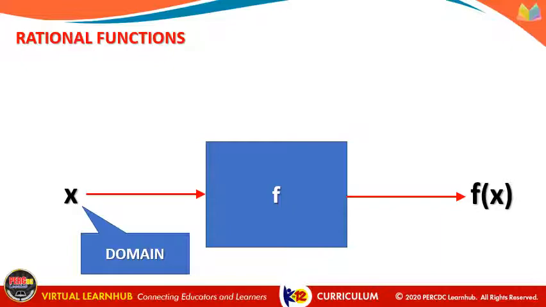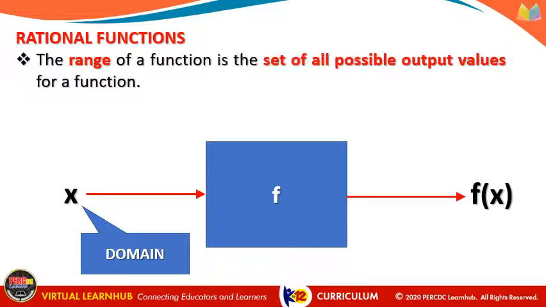Now, ano naman ang range? Kung ang domain ay set of inputs, ang range naman ay set of outputs. So, yun lang yan. Kung ang domain ay inputs, ang range ay outputs. So, range is the set of all possible output values for a given function.